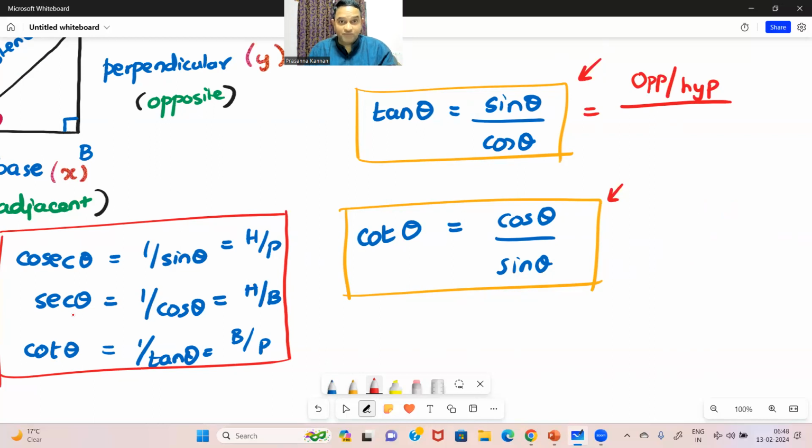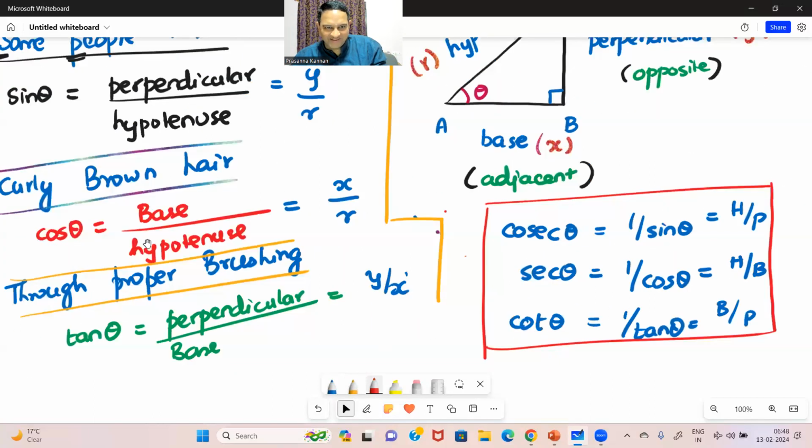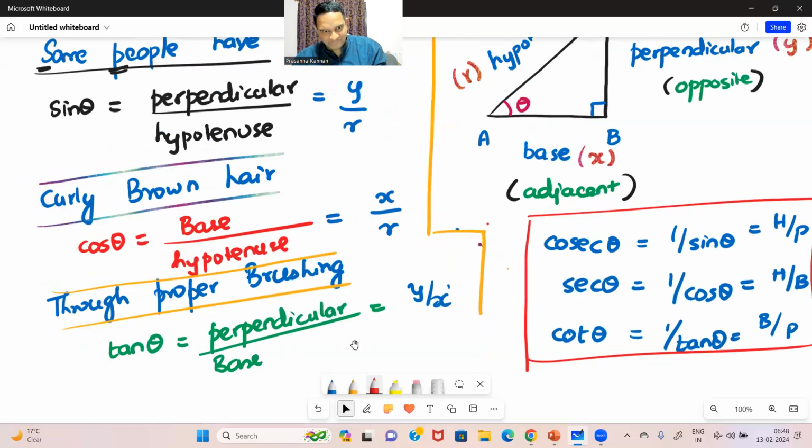One thing you can do, if you are not remembering, is use this mnemonic, which is only for perpendicular, base and all these. Perpendicular is nothing but opposite, and the base is nothing but adjacent.